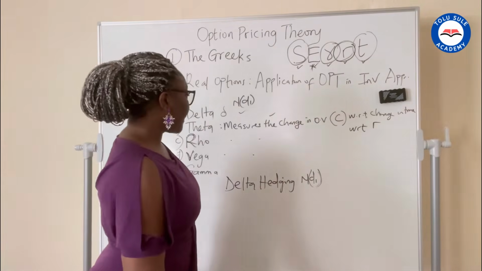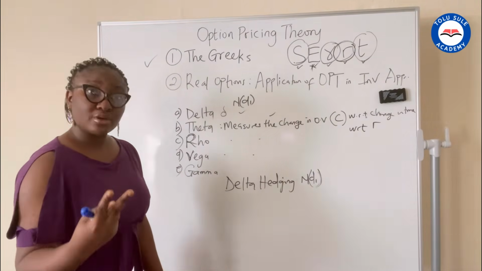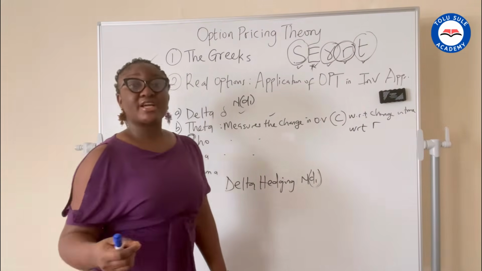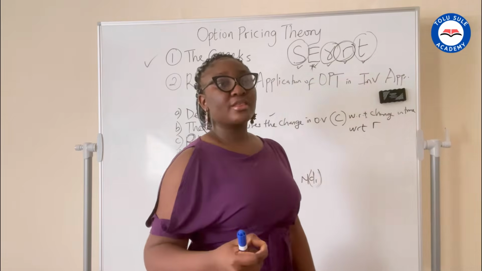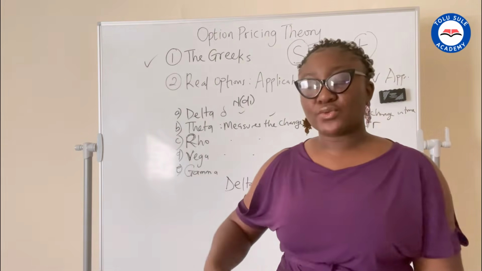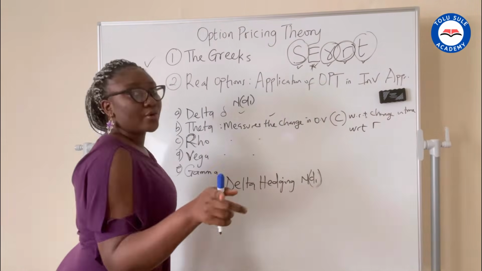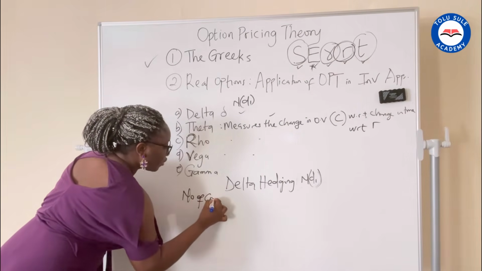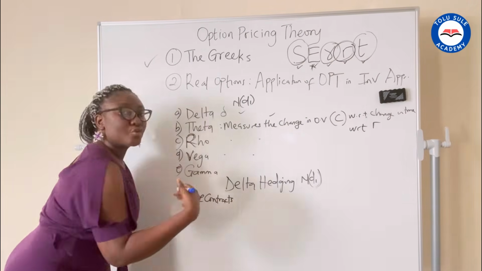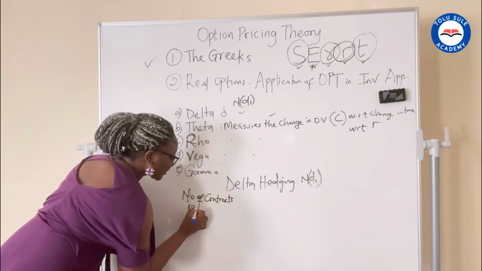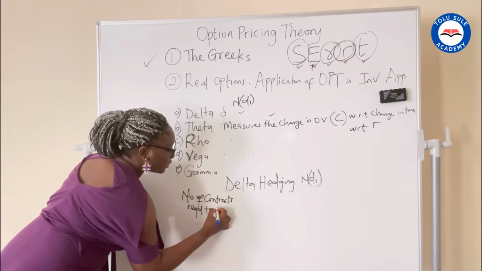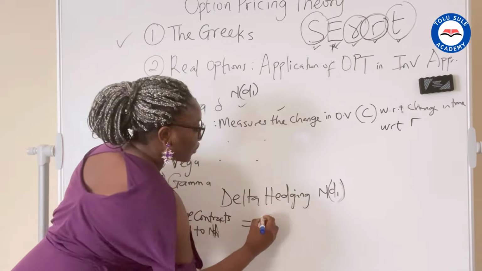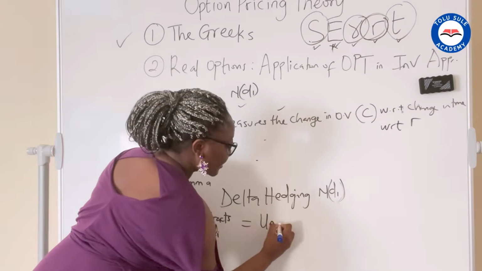Okay, so there's a particular formula or 2 important formulas that you need to know under this delta hedging, because they can ask you to calculate the number of contracts you need to delta hedge. It's in that question that we're going to solve now. So number of option contracts required to delta hedge, that's what it means by ND1, is equal to underlying asset.